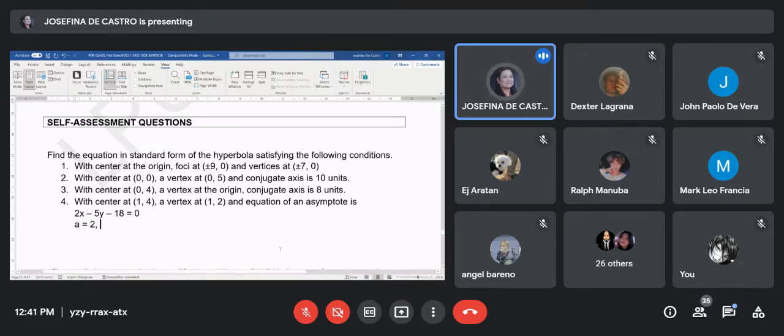Ito si 1, 4. And then si 1, 2. Nasa baba si vertex. Therefore, 2 units yon. Therefore, ang A mo is 2. Therefore, A squared is equal to 4.